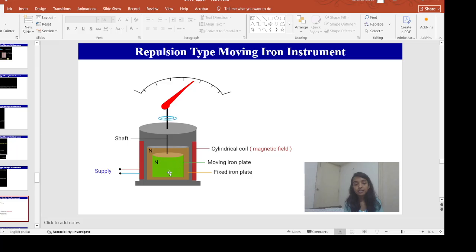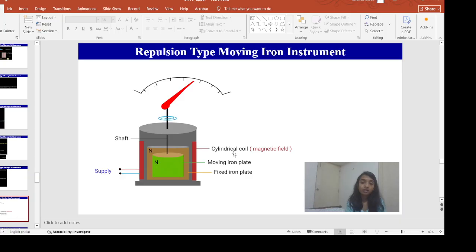Inside, a shaft is attached to the moving iron plate, and with this shaft a spring and the pointer are attached. The deflection of the pointer can be measured on the calibrated scale.